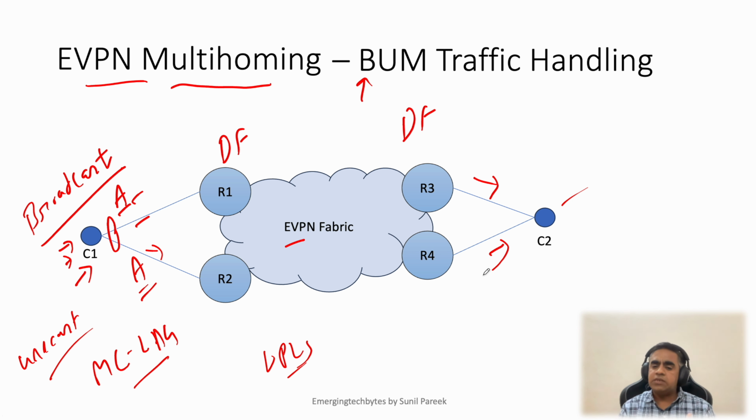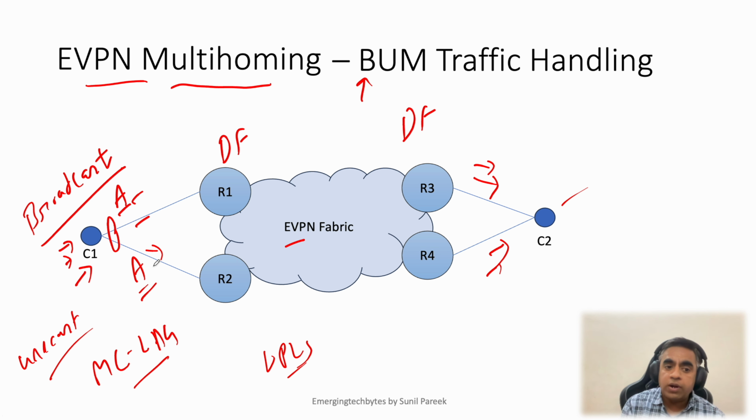It will be some flow-based load balancing that happens. If there are two applications, one can go via this path, another one can go via this path. Nothing changes there. But why is the case of broadcast different?